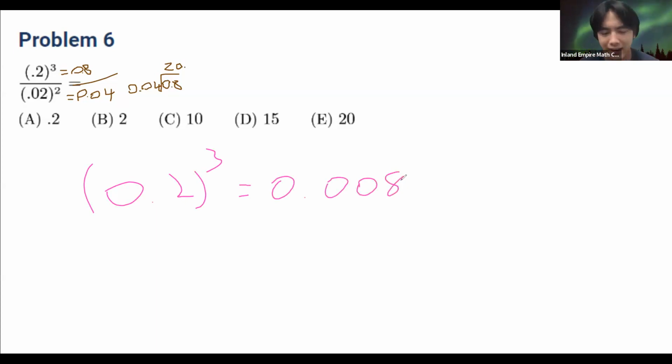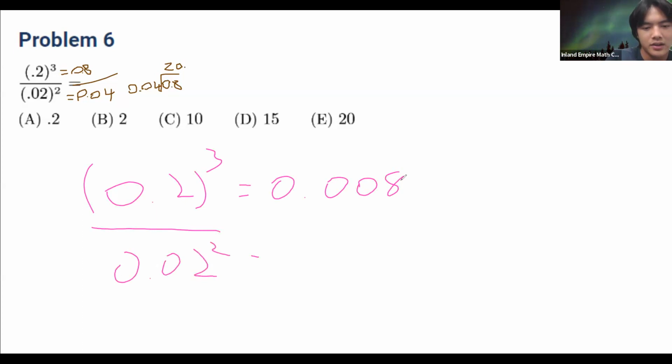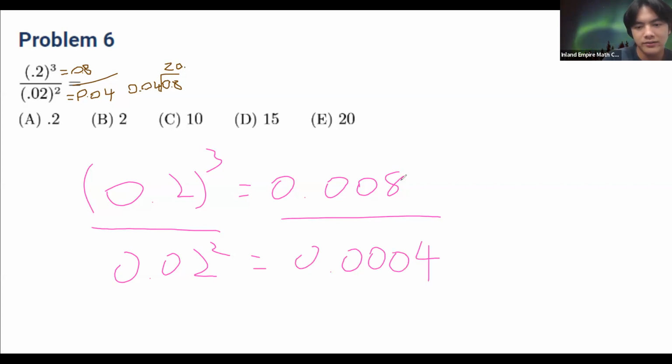Because you have to account for the fact that there's a decimal. And then similarly, if you raise 0.02 to the second power, you actually get 0.0004, right?